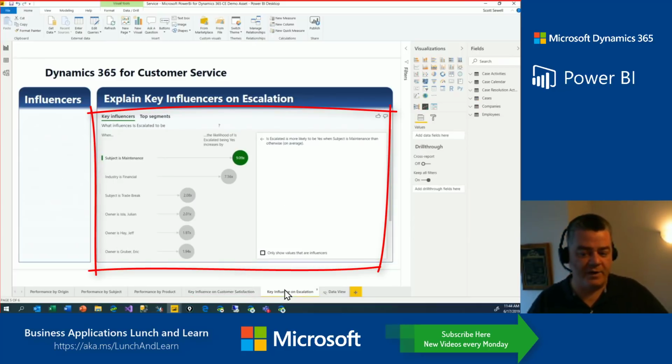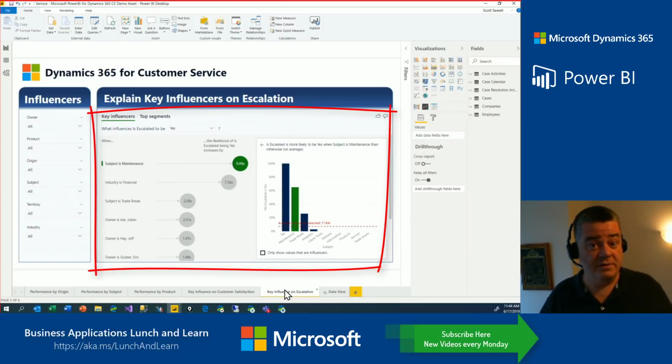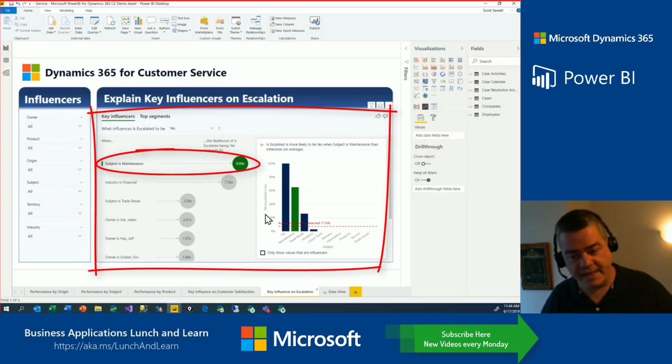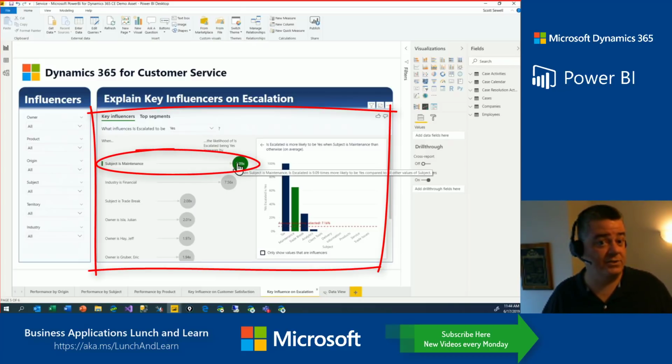But you remember we also had another outcome, which is escalation, and what drives cases to go from level 1 not being resolved to getting driven up to level 2. Again, I'm just pulling this data out of Dynamics, and I can say, overall, if our cases are coming in as a maintenance case, that's 9 times more likely to get escalated to level 2.